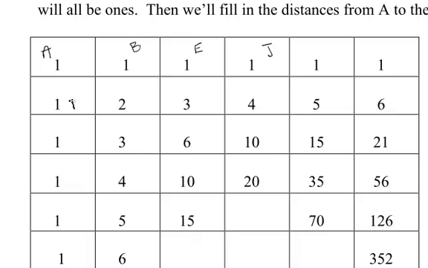And then here's D and C, 2 routes from A to C, F and K and I and H, 3 routes from A to H, and 6 routes from A to G.